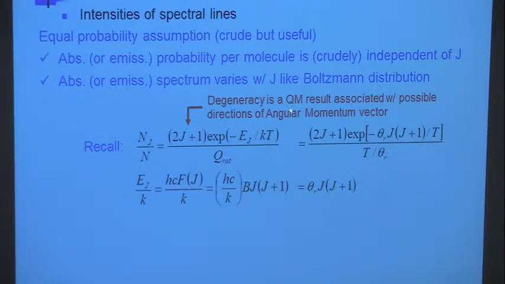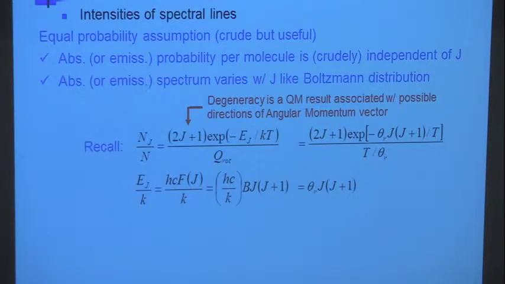So the degeneracy 2J plus 1, you might wonder where that comes from. That comes from, we have to accept quantum mechanics for that one again. Quantum mechanics says that even if once you tell me J, if there is a field present in the gas system, then the allowed orientations of my molecule there are 2J plus 1 possibilities to satisfy quantum mechanics.